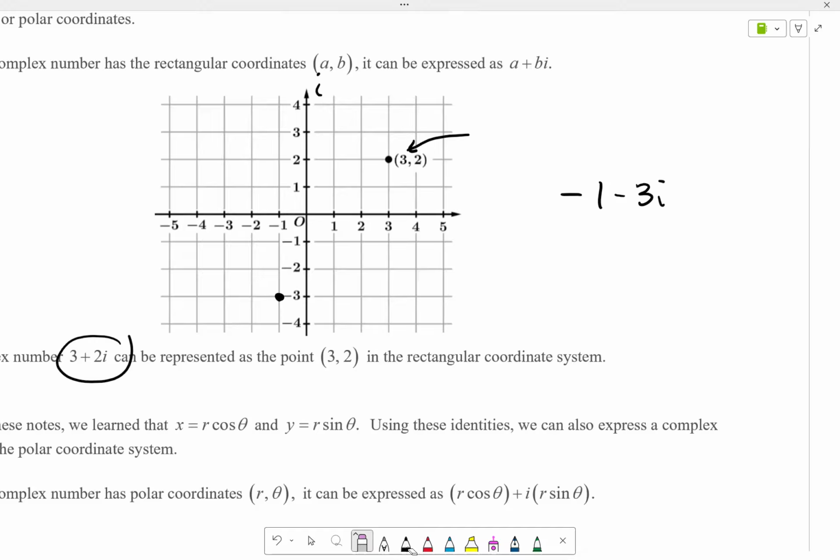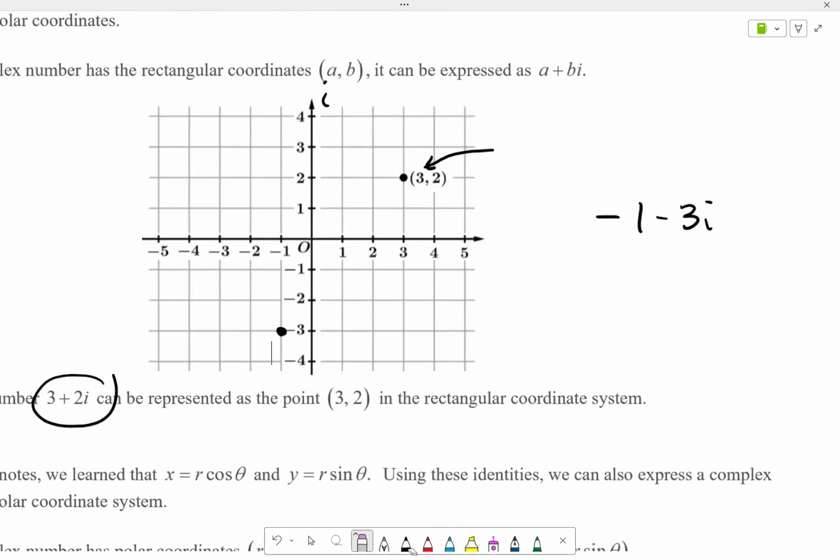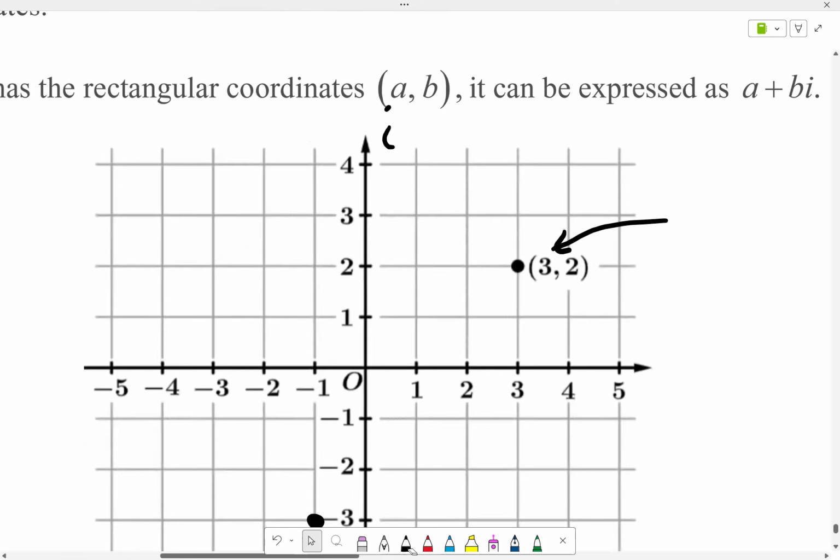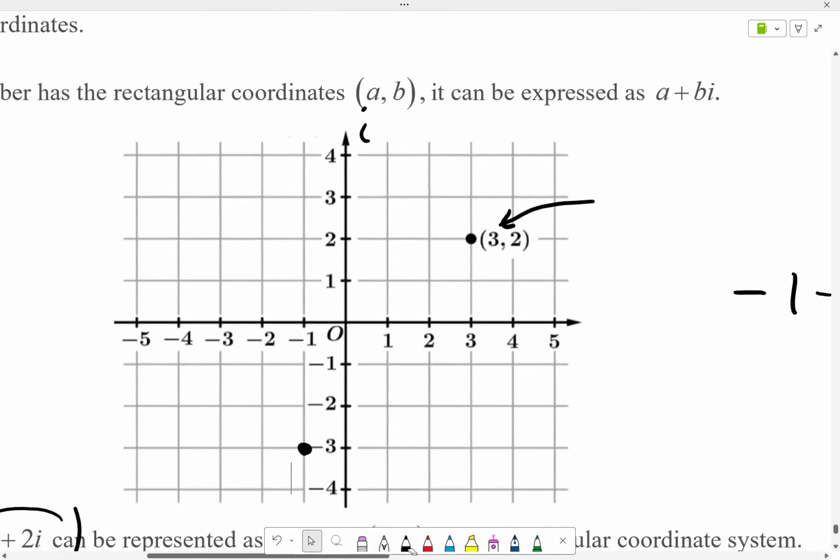So if you do the real part, it's horizontal, and then the imaginary part, it's vertical. Exactly. Yes, that's why I tucked an i up there. That's the imaginary axis. It's a coefficient of the imaginary.